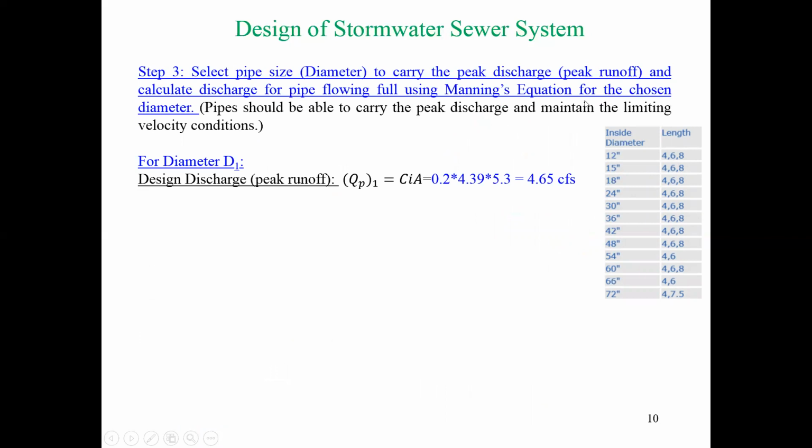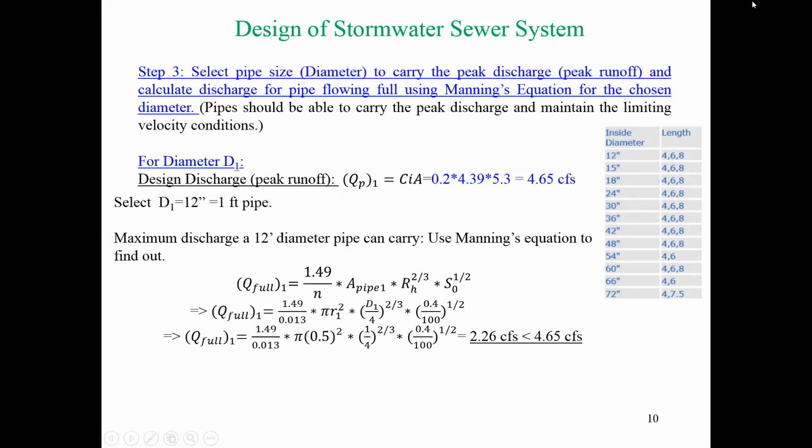At the same time, it can maintain the limiting velocity conditions. So from our previous calculation, we know the discharge is 4.65 CFS. And since this is the commercially available pipe, we will choose a pipe size from this table. The first one is 12 inch. Let's work with this one.